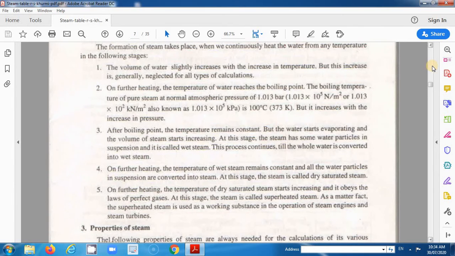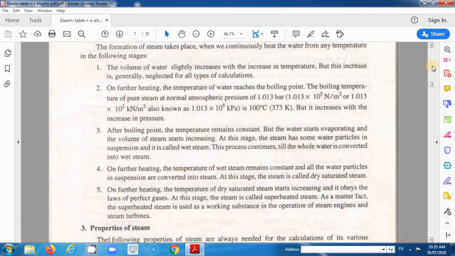Now, after the boiling point, the temperature remains constant, but the water starts evaporating and the volume of steam starts increasing. At this stage, the steam has some water particles in suspension, and it is called wet steam. Already we have seen the definition of wet steam. This process continues till the whole water is converted into steam.